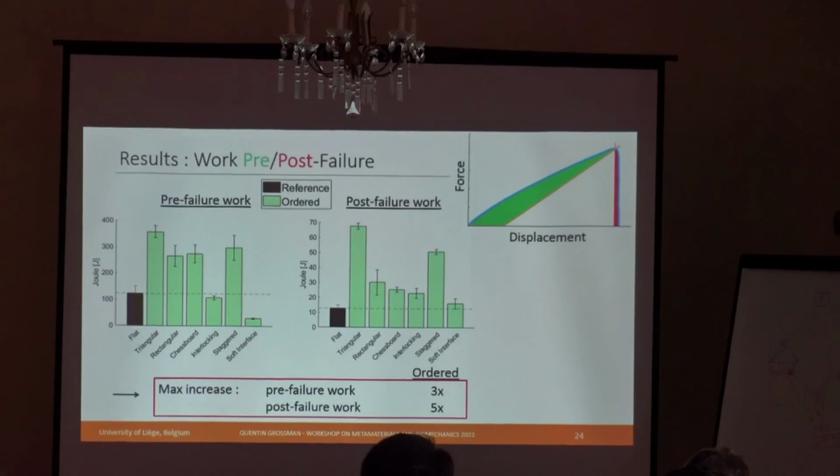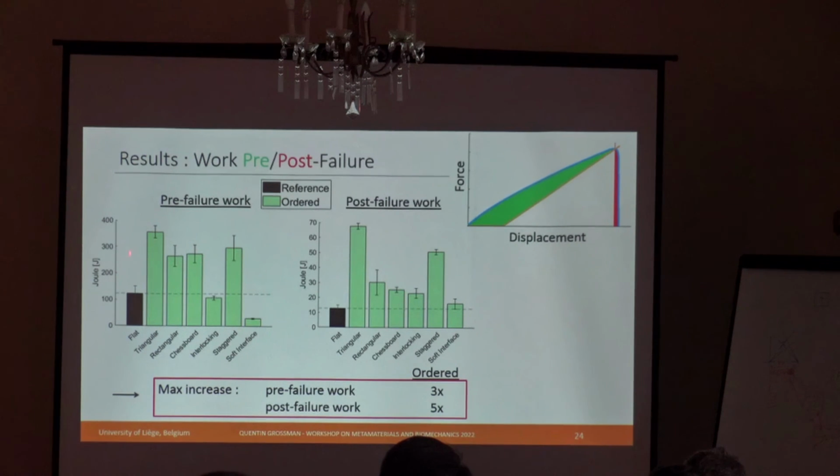We also looked at what we call the pre-failure work and the post-failure work, which is represented on this small graph here. The pre-failure work is the work required to plastically deform the material up to the strength. And then the post-failure work is the energy needed to completely break and propagate the crack through the sample. And here the difference is even higher than before.